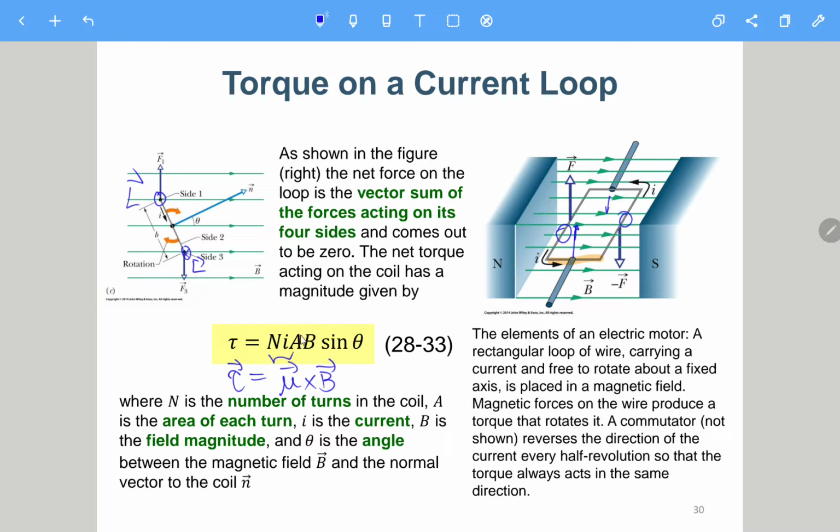B is this B. You see this is a sine theta, which means we have a cross product, and theta is the angle between mu and B.